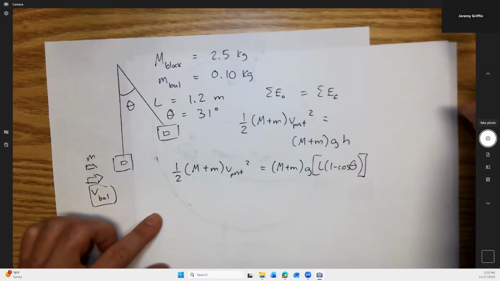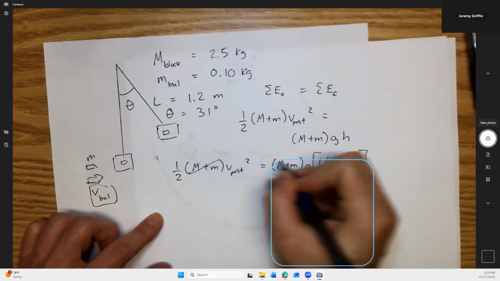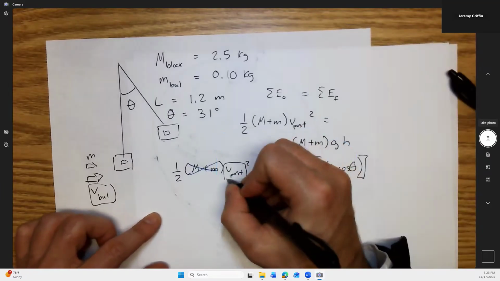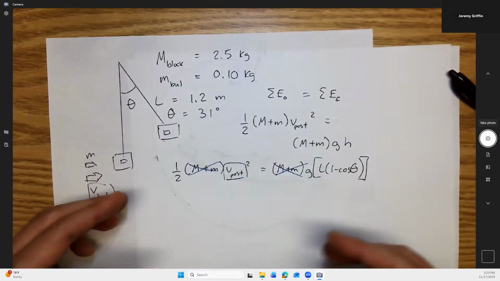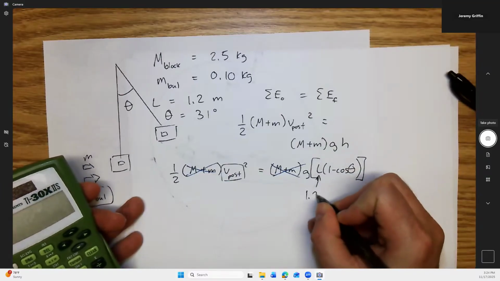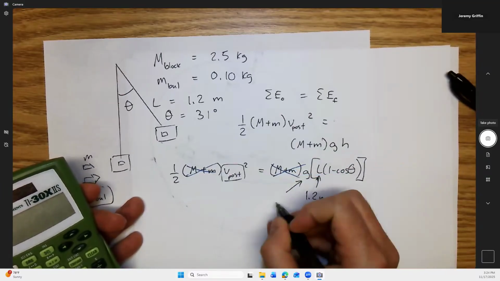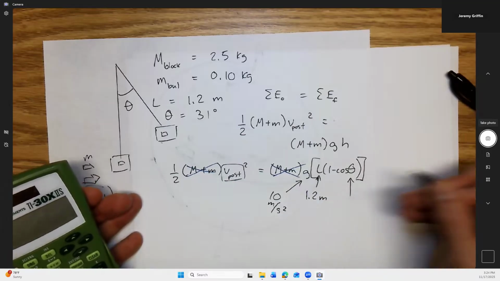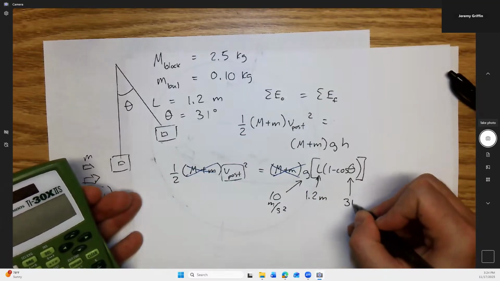Now the combined mass ends up canceling out, and I'd like to know what's the post-collision velocity, like after the collision. So I can plug in right here 1.2 meters. Let's go 10 meters per second squared for gravity, unless it says 9.8, but we'll go 10. And we'll plug in 31 degrees right here.